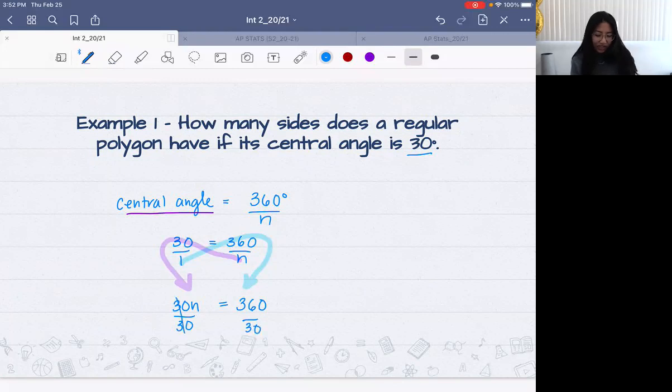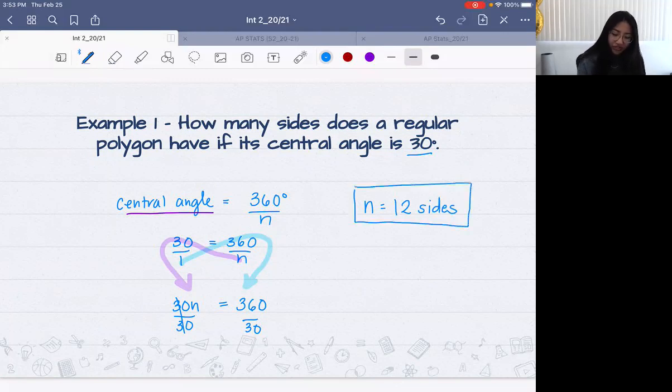When we take 360 divided by 30, our final answer is n equals 12 sides. Okay, and then I'm going to box my answer. So this is a 12-sided shape, which we also call a dodecagon.